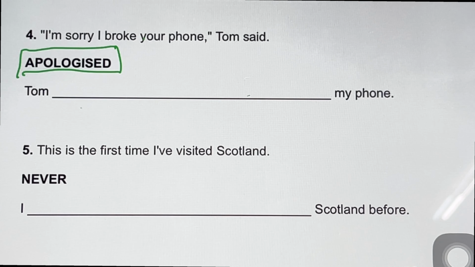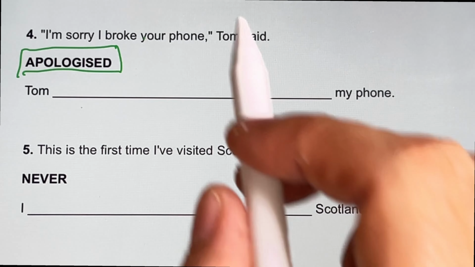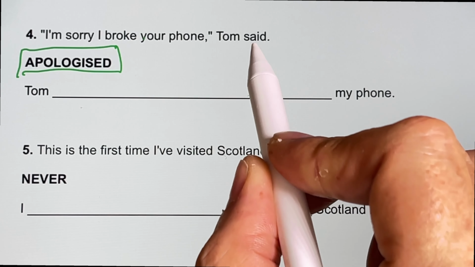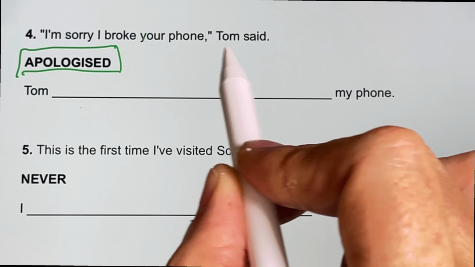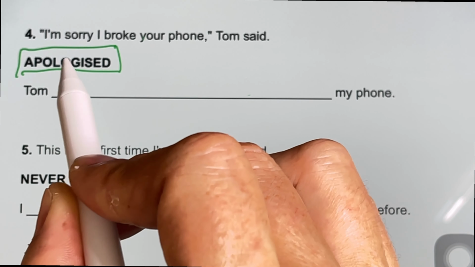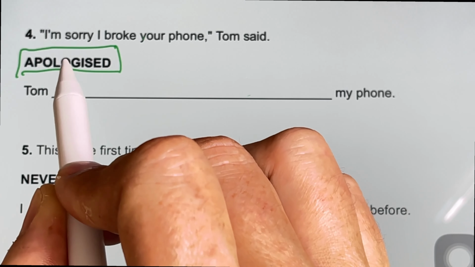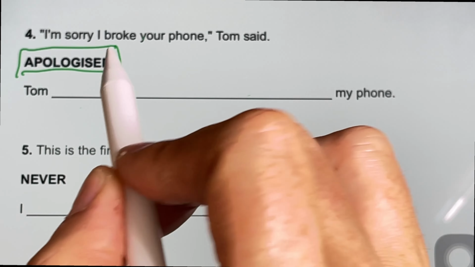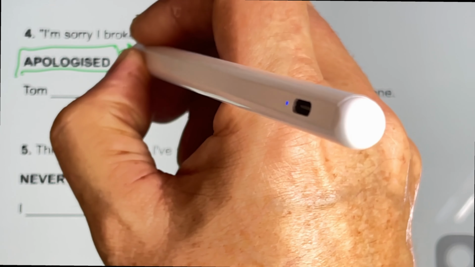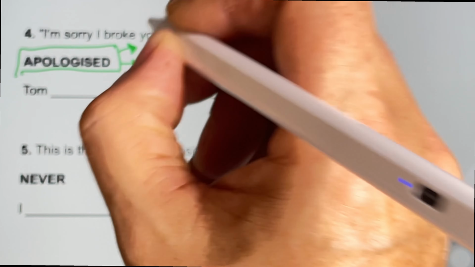Apologized. Now, this is reported speech. With reported speech, sometimes we have reporting verbs, and we use reporting verbs. Now, reporting verbs can be followed by three different things.